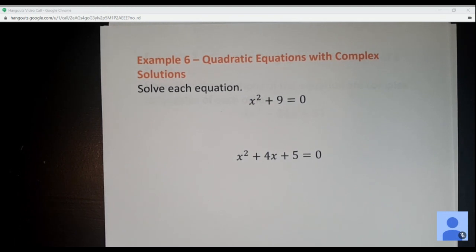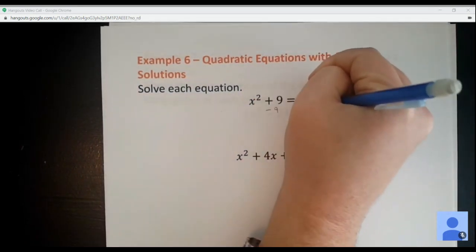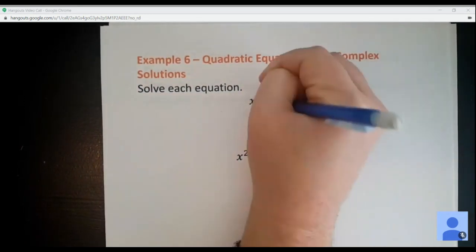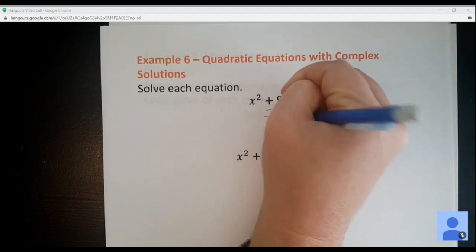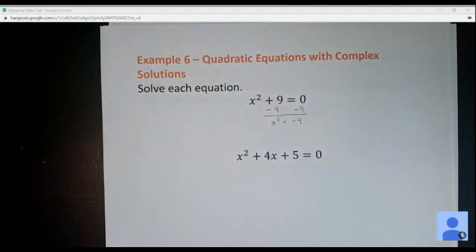Now, if it's a simple quadratic like that, remember we can just move the number value to the other side, and then we can take the square root of both sides. So in this case, I'm going to subtract 9. So that's going to leave me with my x squared on the left. And in this case, I get a negative 9 on the right-hand side.